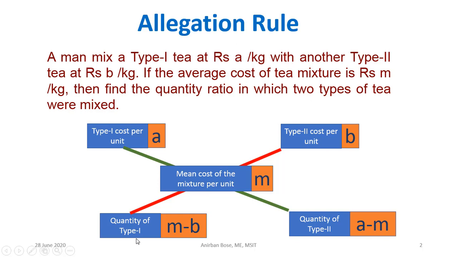So the quantity of type 1 is to the quantity of type 2 as M minus B is to A minus M. Here we have considered A is greater than B and M is somewhere in between A and B, and that's why we have taken only the positive value. That means the greater one minus the smaller one. So A minus M is taken here, and M minus B is taken here. Now let us see how we can use this particular rule to solve different kinds of problems.